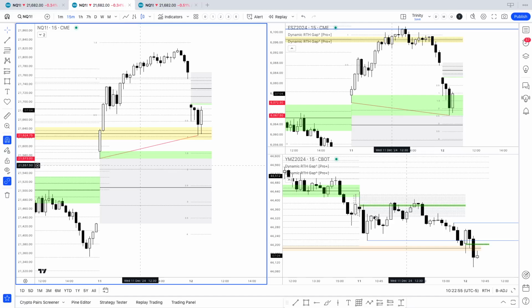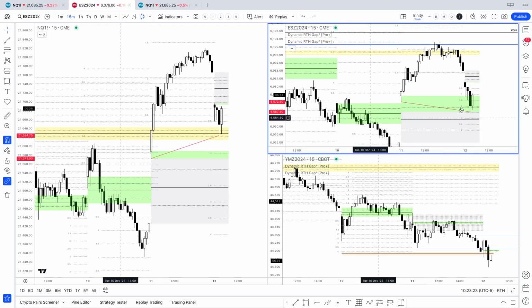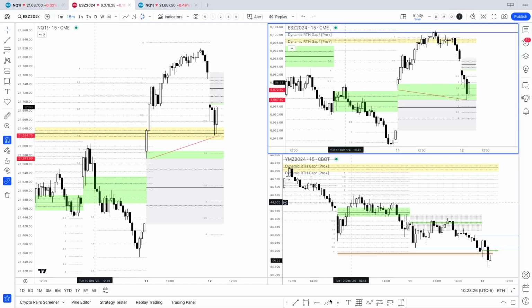But because Nasdaq is stronger, you can see that by the fact that we are trading above the new week opening gap here, while ES is trading below. So we already know that Nasdaq is stronger, doing this relative strength analysis with the gaps. And you can see how this is a balanced price range here on ES, and this gap.